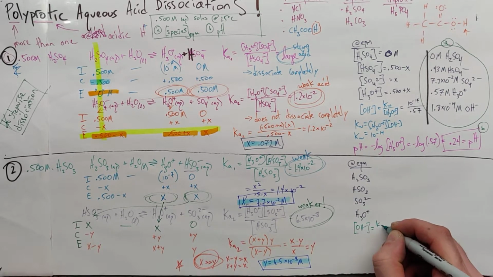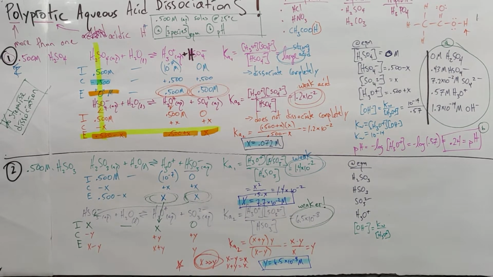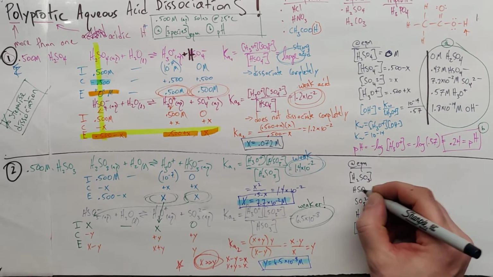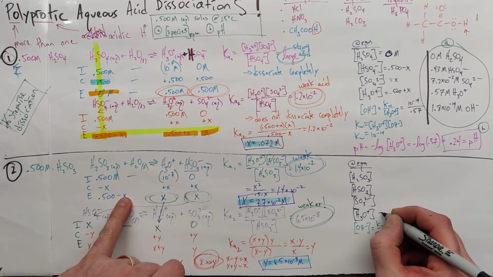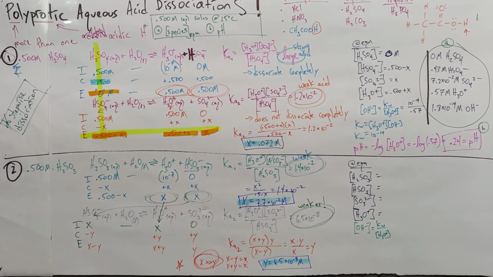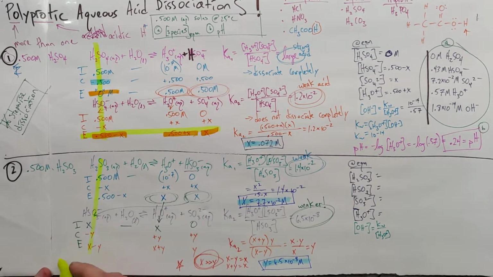We said we're going to get that as Kw over concentration H3O plus every single time. These are going to be based on what we see over here. And the tip that I gave before was that if you go down the side and across the bottom, you'll hit all of the values you need.